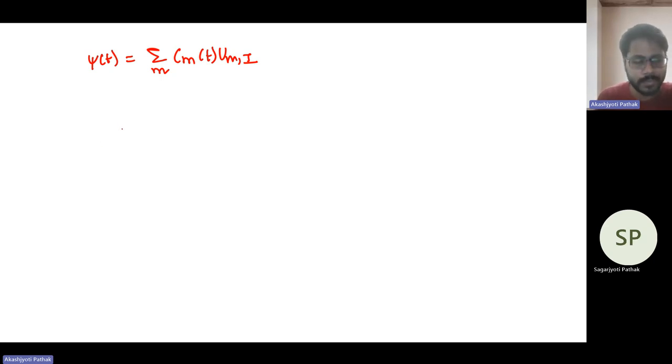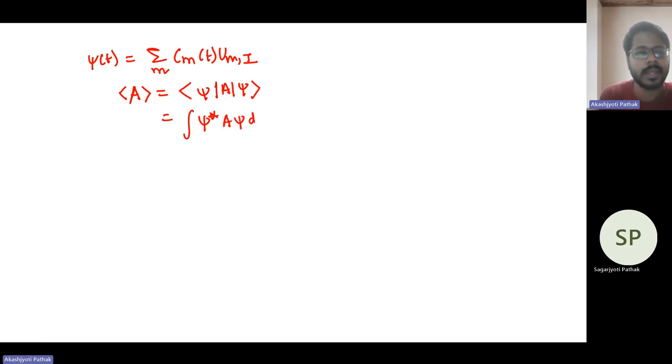So the average value of the observable of the spin system is described by the expectation value of the corresponding operator A. If we want to calculate the expectation value of this operator A, that is given by psi star A psi d tau. These things were discussed in the lecture.